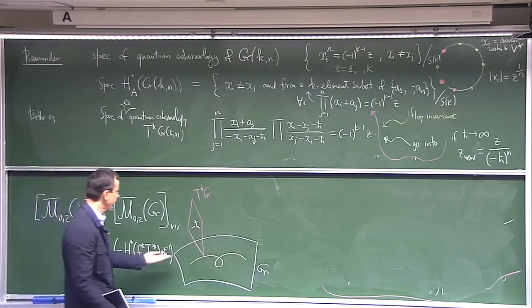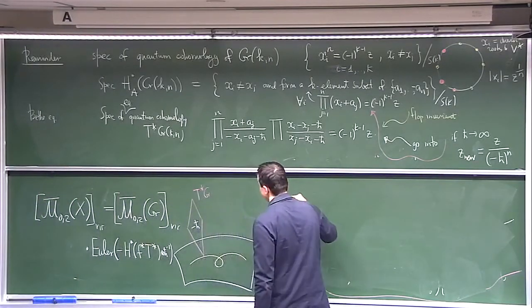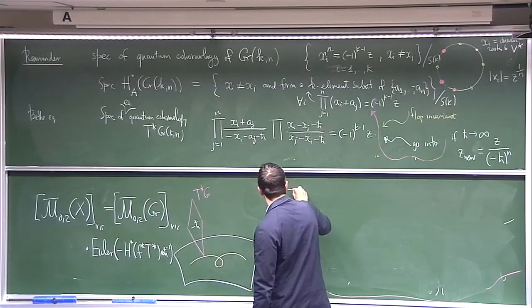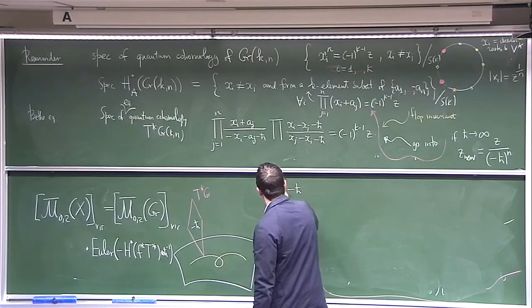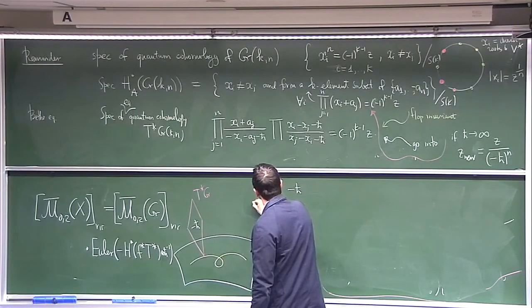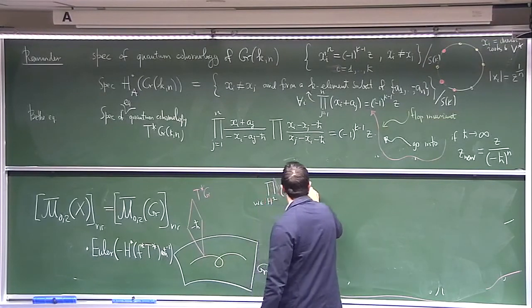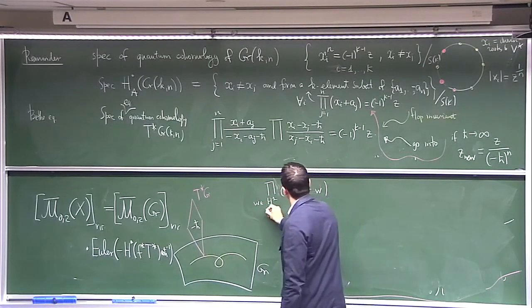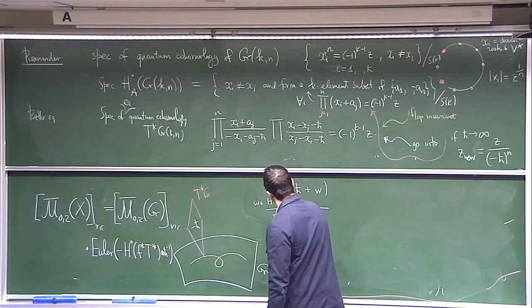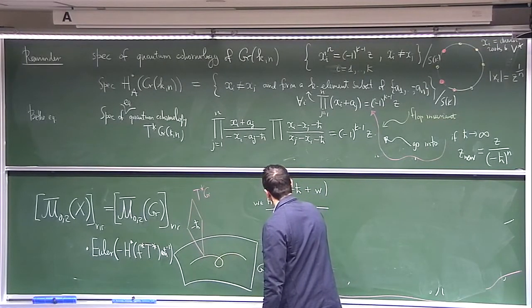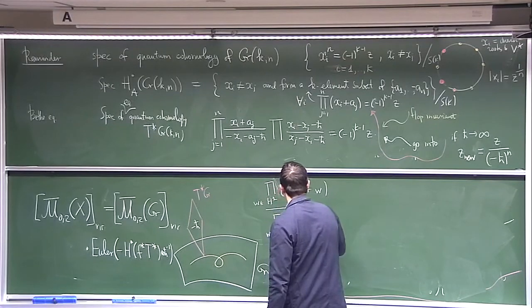What does this mean? It means for every obstruction I have a product over weights in h1, I get an expression like this, and a product over weights in h0, I get an expression like that.